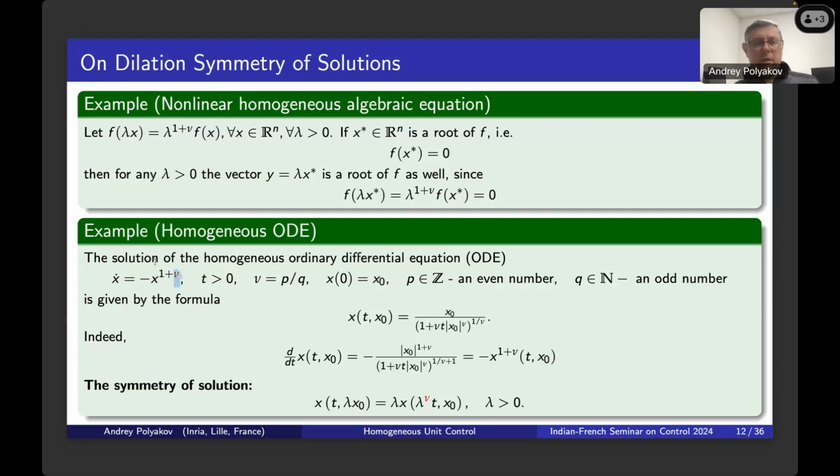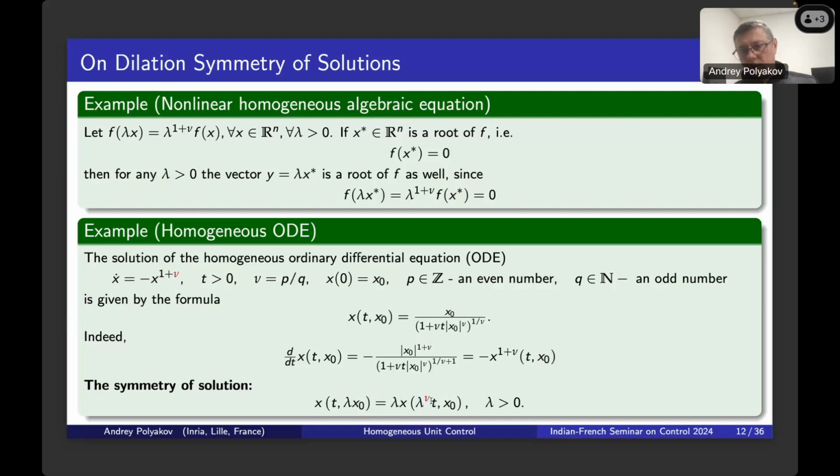A similar symmetry of solutions we have for homogeneous differential equations, and we have again this parameter nu here. So if we have the simplest ODE, which is homogeneous, whose right-hand side is standard homogeneous of degree 1 plus nu, then this parameter nu plays an important role in the symmetry of solutions. We can find explicitly the solution and discover the following property: scaling of the initial state with the parameter lambda will give us again a solution, which can be obtained by scaling of the original solution, multiplication by lambda, and scaling of the time.